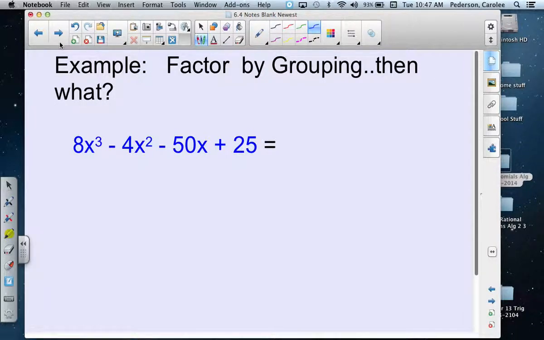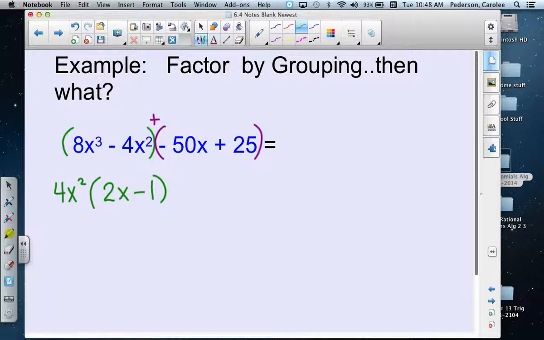Next example is factoring by grouping. So we're going to group the first 2 terms together, the next 2 terms together. I'm just going to put a plus symbol. So we take out the GCF of 4x squared, and what we're left with is 2x minus 1.